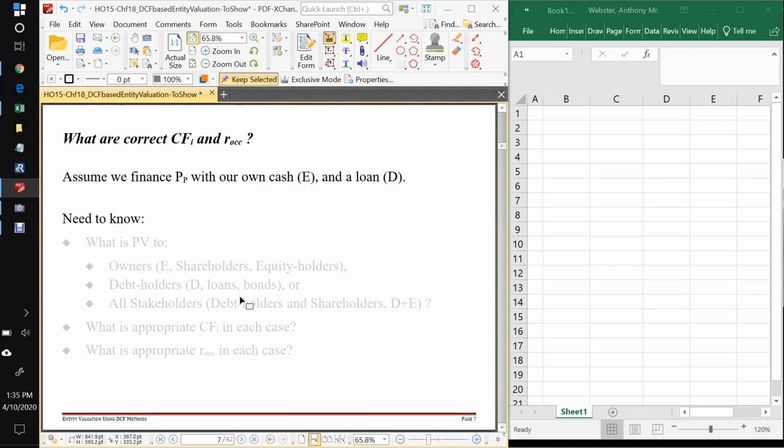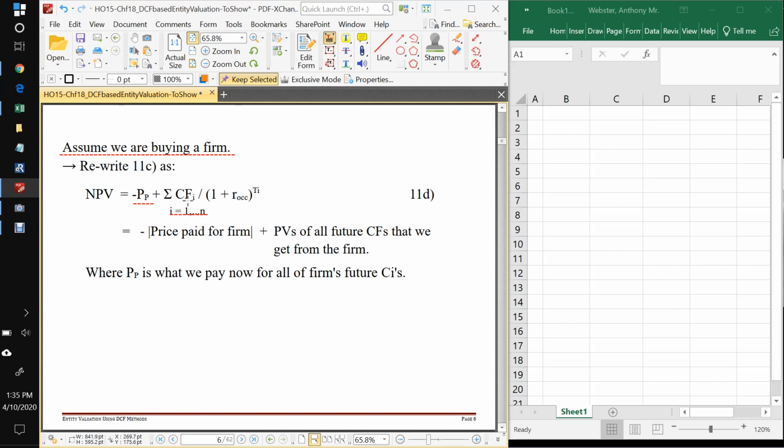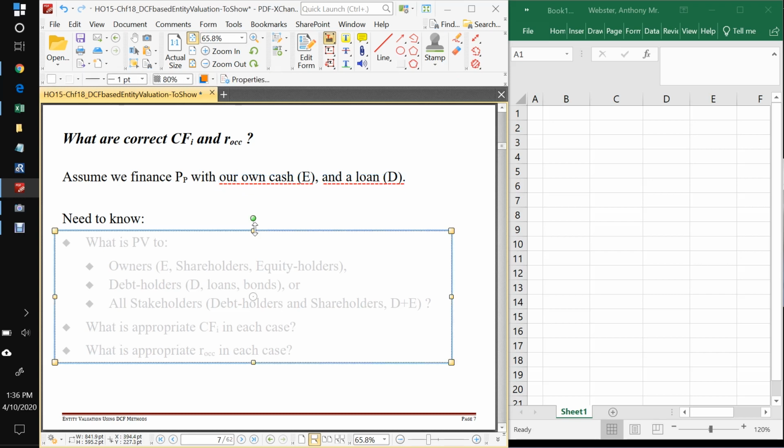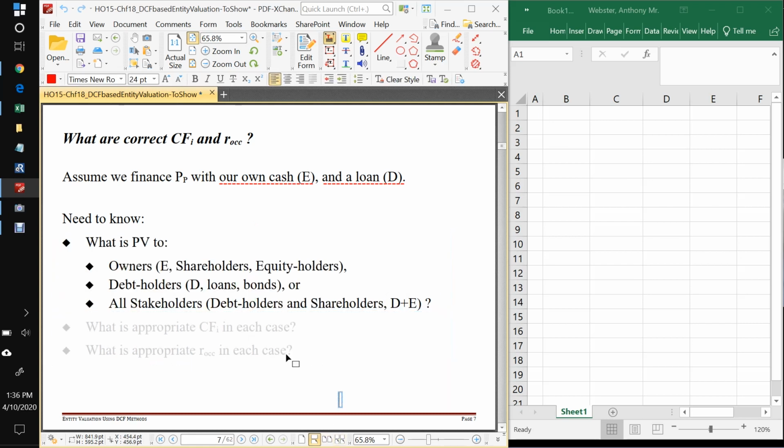So now we want to know in this equation, what are the correct cash flows and what's the correct discount rate to use? Let's assume we're going to finance the purchase of the firm with our own cash, which we'll call E, and a loan, which we'll call D. In general, we're going to need to know what the PV is to the owners, that would be the shareholders, the equity holders, or the debt holders, that would be loans or bonds.